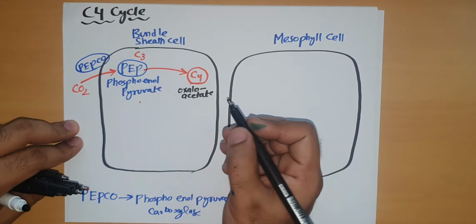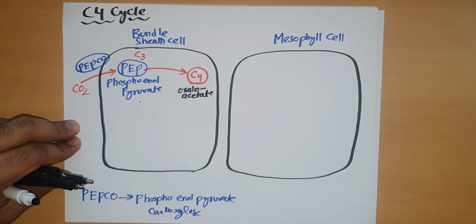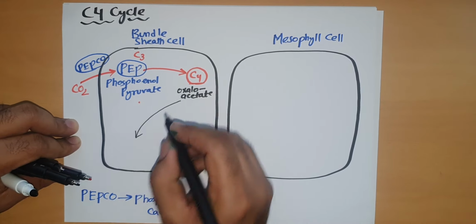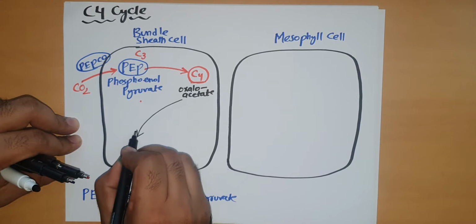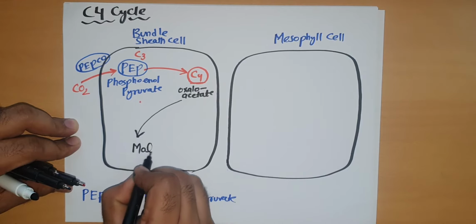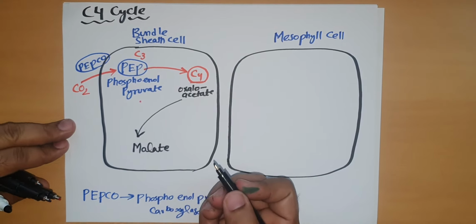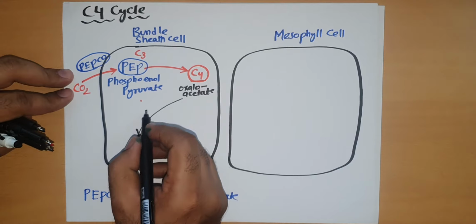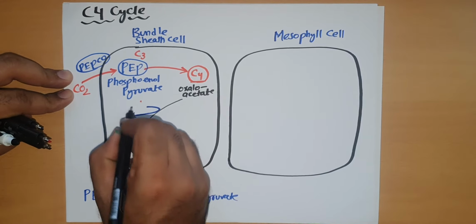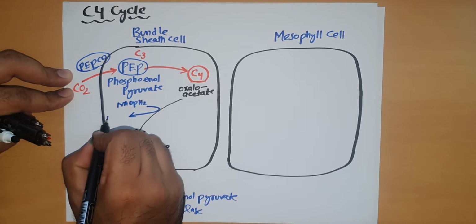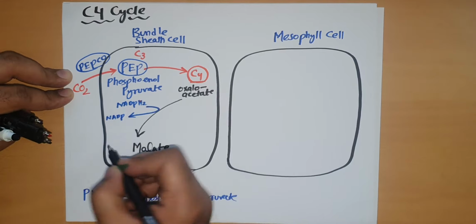Now, in the next step, this oxaloacetate changes into another 4 carbon compound, and that 4 carbon compound is called malate. Now, this reaction happens when one molecule of NADPH2 changes into NADP.